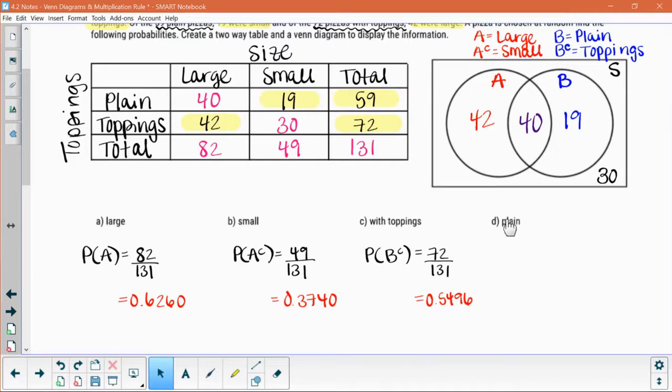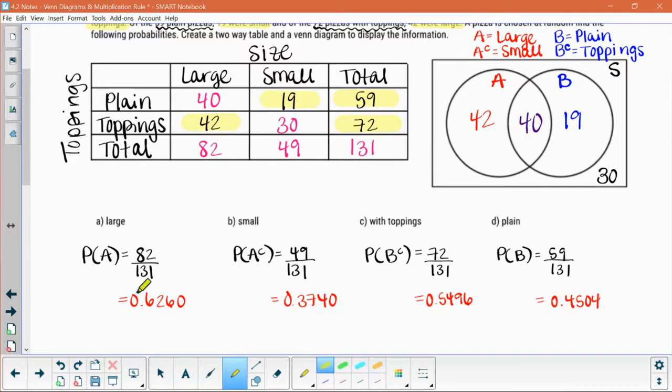And what is the probability of a plain pizza, which I called event B? So all I have to do is take my 40 and my 19, add it together to get 59 over 131, which is 0.4504. So these were kind of just basic probabilities coming directly from the Venn diagram.